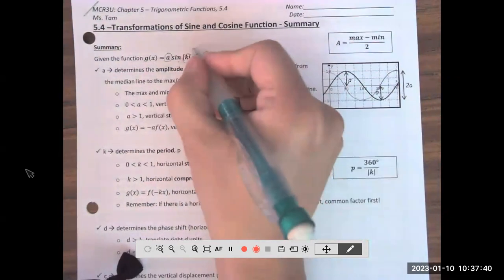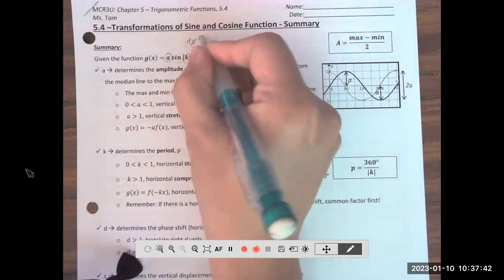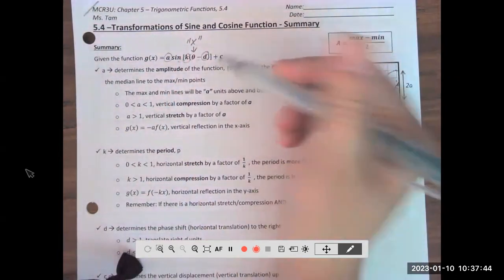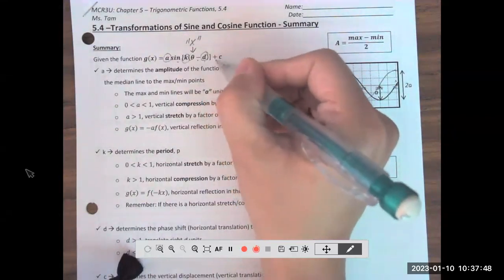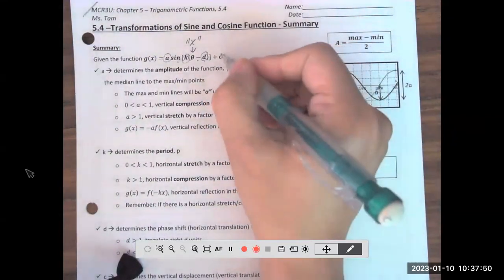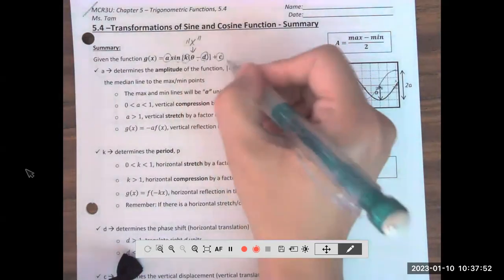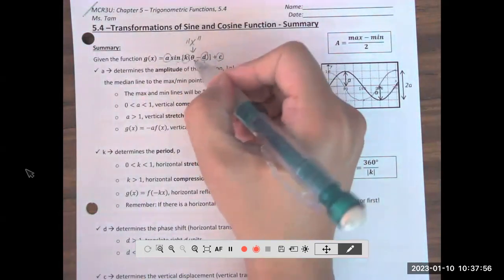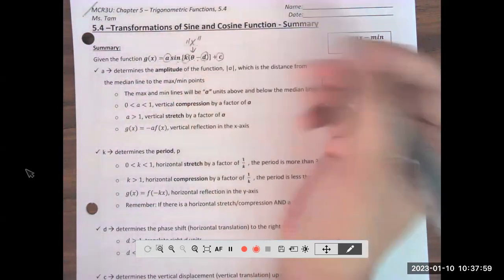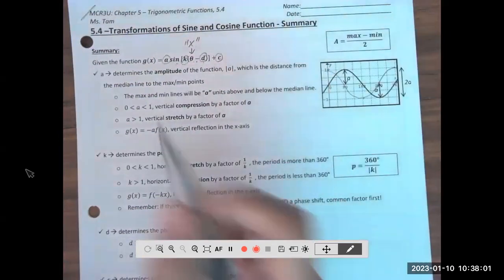So theta is similar to what we saw for x, but now we're using theta because we're talking about angles. All of these parameters we have seen before. This is our new function, and theta, though it looks different, is the same as our x.